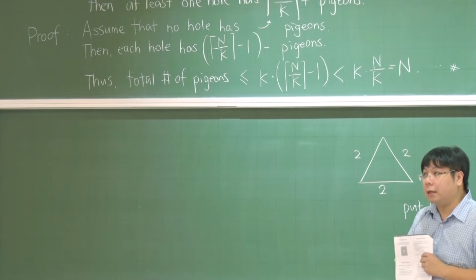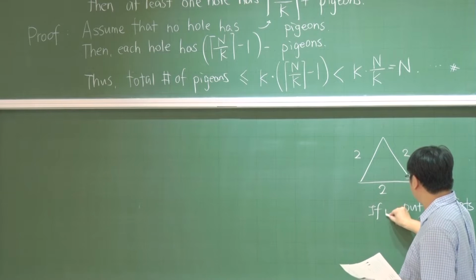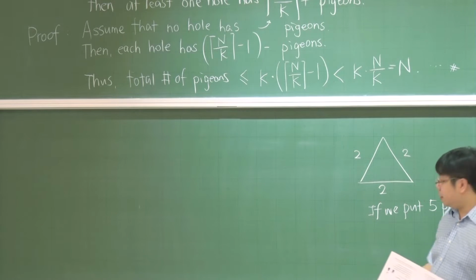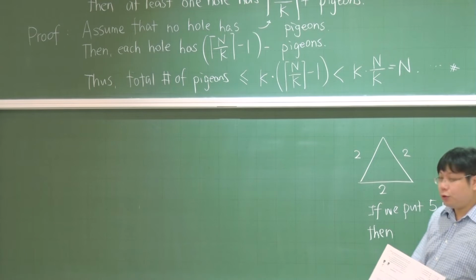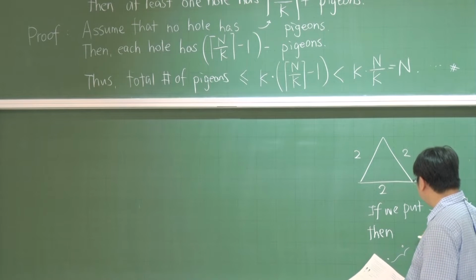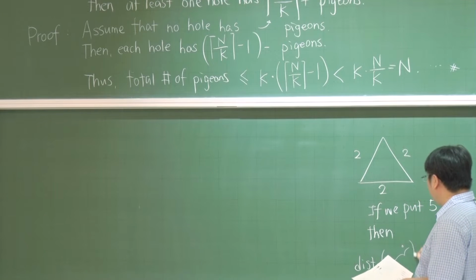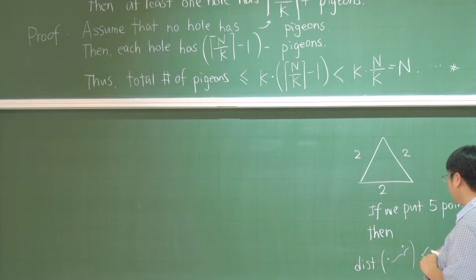We want to show that no matter how we put these 5 points, we can find 2 points such that the distance between some of the points that you have chosen is less than or equal to 1.